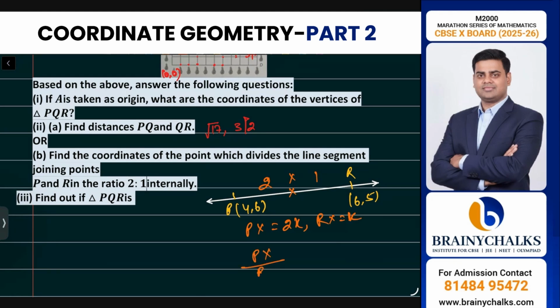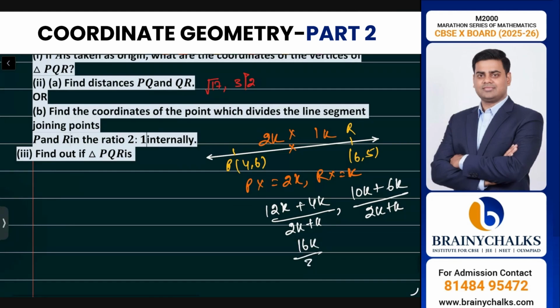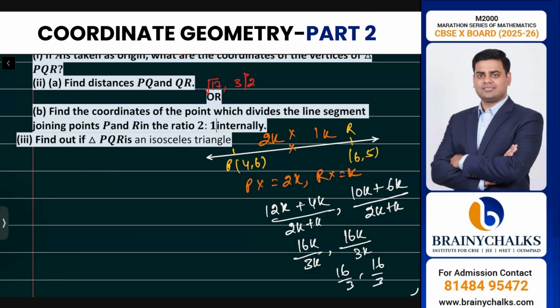So PX by RX equals 2k by k. So 2:1 ratio. Apply the section formula: 2k into 6 that is 12k plus k into 4, 4k, by 2k plus k, comma 2k into 5, 10k plus k into 6, 6k, by 2k plus k. So it will be 16k by 3k, comma 16k by 3k. It is the same. So it will be 16 by 3, comma 16 by 3.